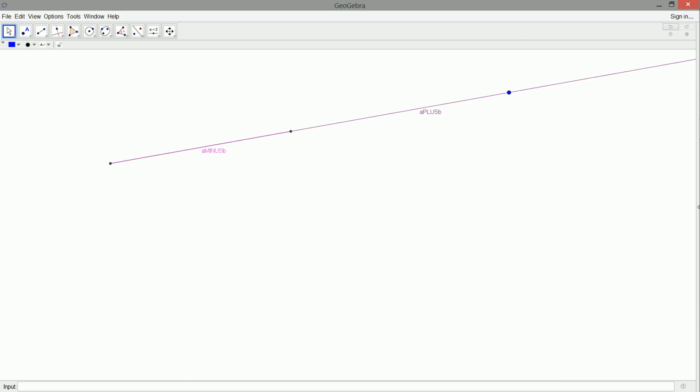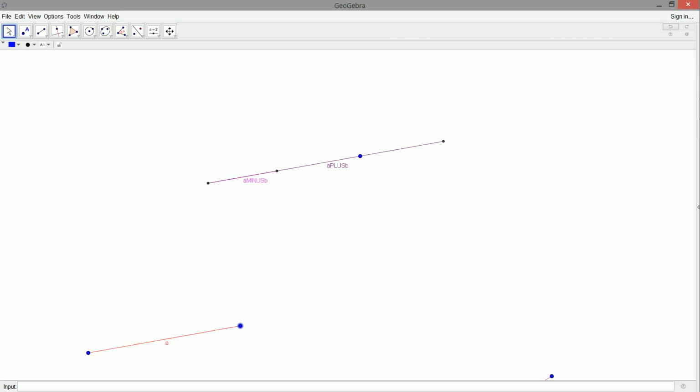And so this should be our a minus b. No, our a minus b should be in here. Get these back the way they're supposed to be. So a plus b is this whole length, and a minus b is this smaller length.